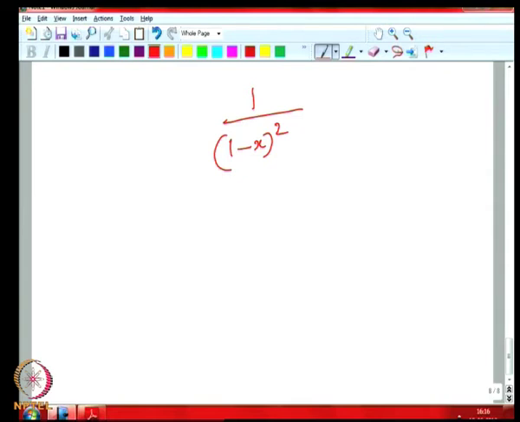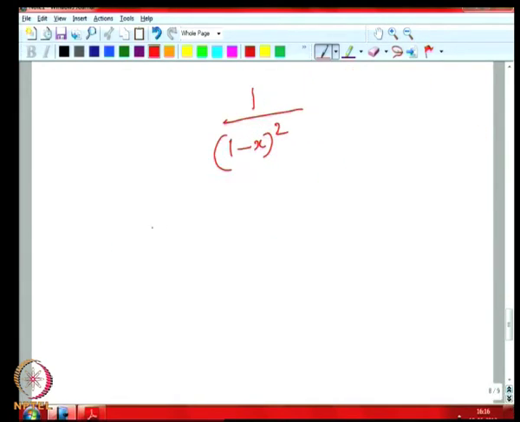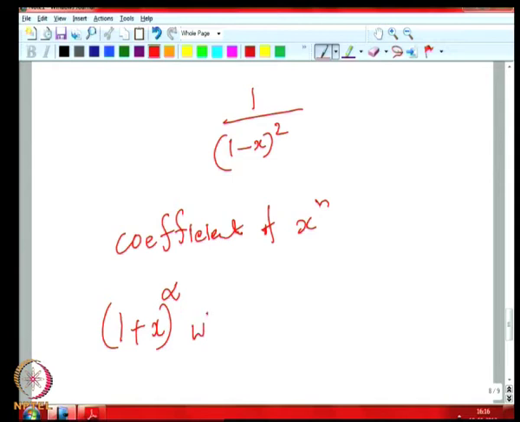Now, you know that what we are interested in is the coefficient of x raised to n. What is the coefficient of x raised to n in this thing? This is of the form 1 plus y raised to alpha, where alpha is equal to minus 2, and y equal to minus x here.